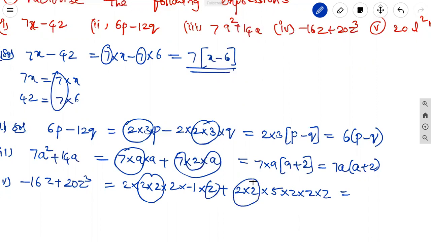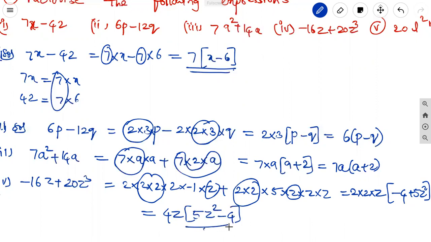So 2 into 2 into z are the common, right outside. Next, write the remaining. 2 2s are 4, 4 into minus 1, minus 4. Here 5 into z, that is 5z square. Equal to 2 2s are 4z into, writing the positive term first, 5z square minus 4. Okay. This is the factorization method.